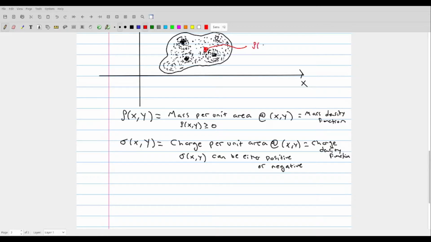This rho of xy at any point is the amount of mass over the differential area at any given point. And this is important. We'll come back to this idea when we go through the derivation here.